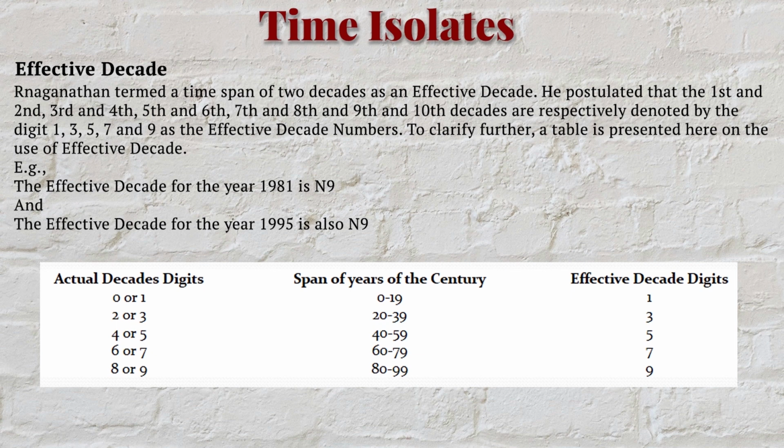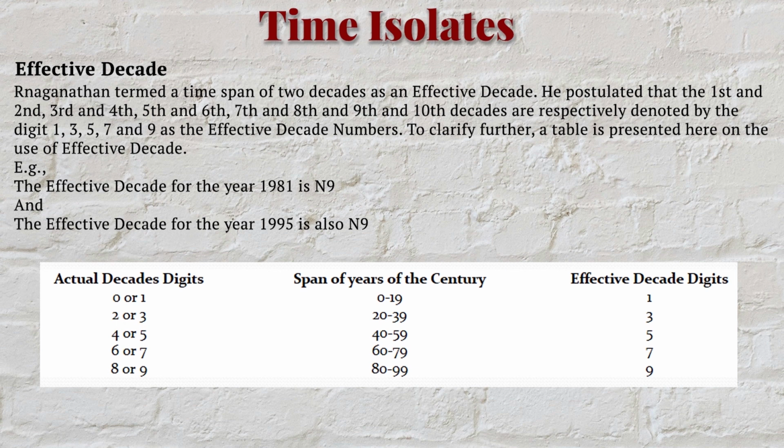And if the actual decade digits are 2 or 3, the span of years from the 20th year to 39th year, effective decade digit will be 3. Thus, if the actual decade digit is 4th decade or 5th decade, that span from 40th year to 59th year of any century, then effective decade digit will be 5.